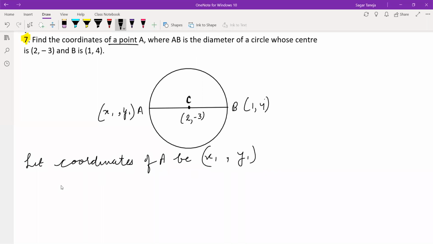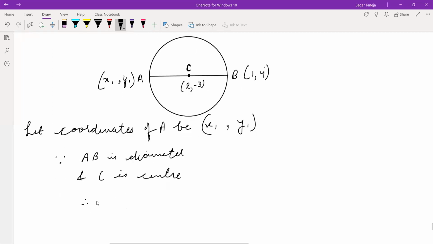Now again here we can use that midpoint formula from the section formula. Since AB is the diameter and C is the center, therefore C is the midpoint of AB. Why?